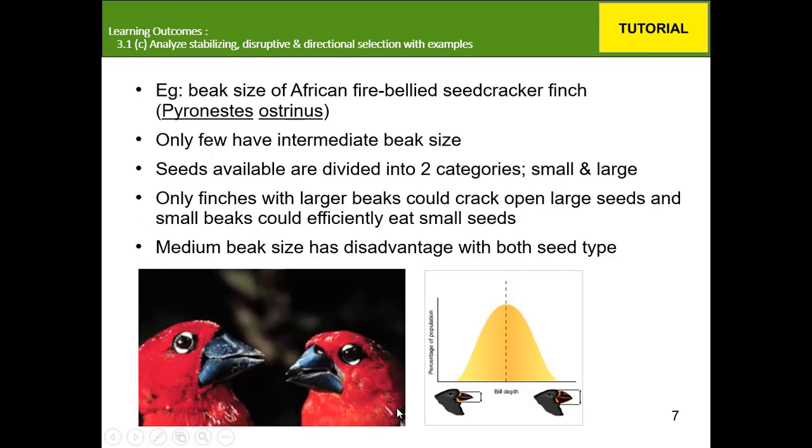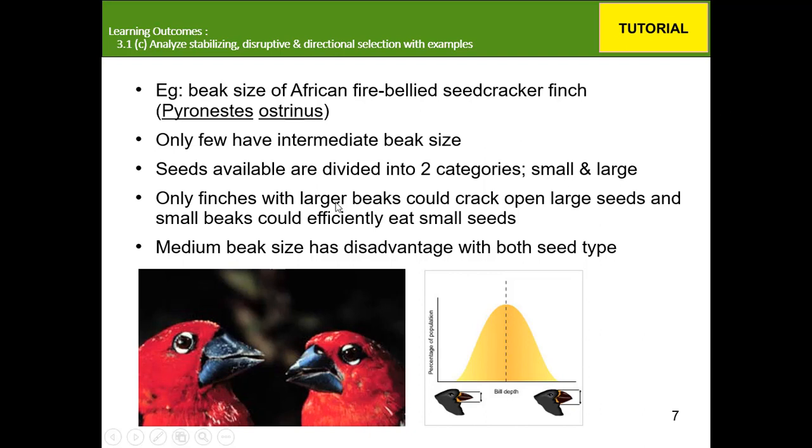So we choose one example, the big size of African fire-bellied seedcracker finch. Only a few have intermediate big size. This is because the seeds available are divided into two categories, small and large.